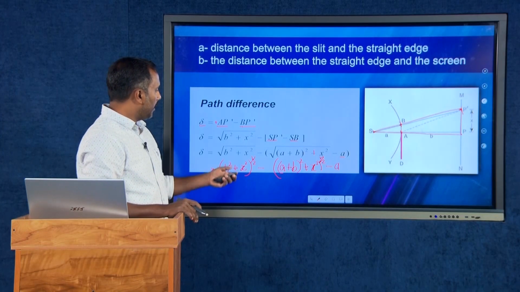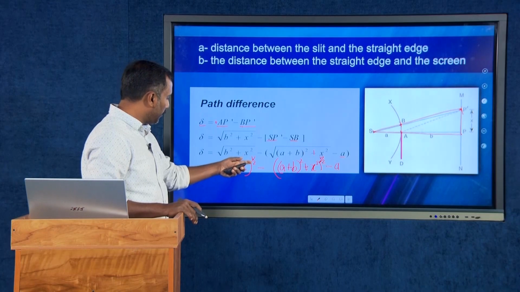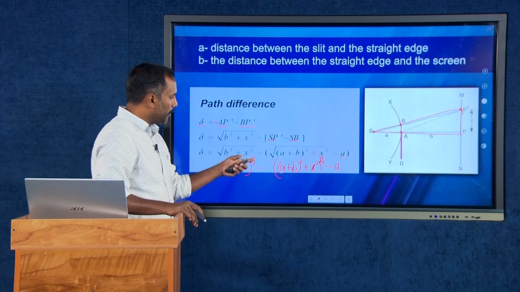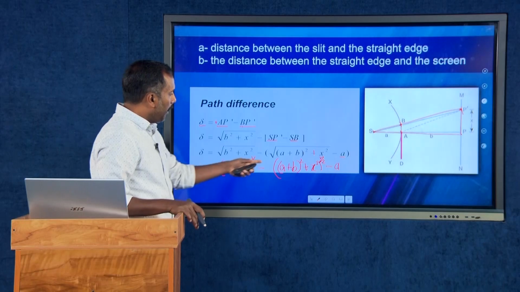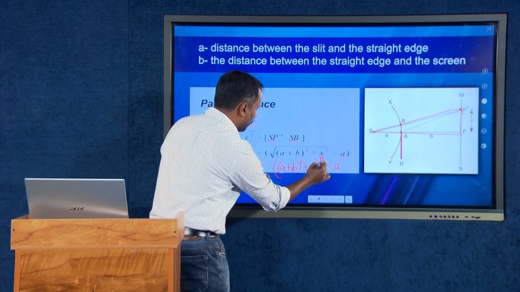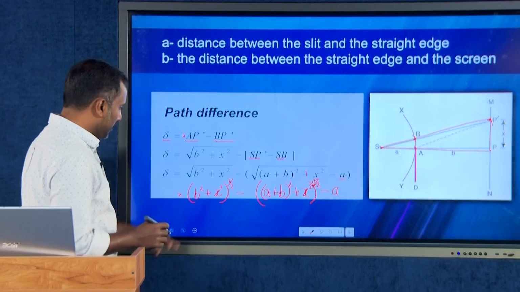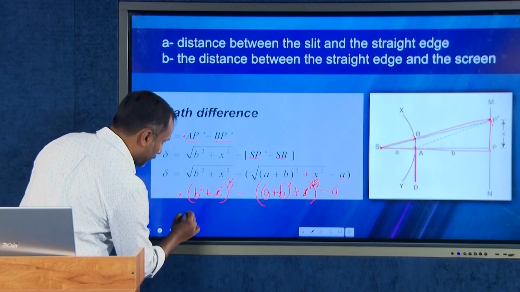Now, I can take B square as a common factor under the root, raised to 1 by 2, from this bracket.